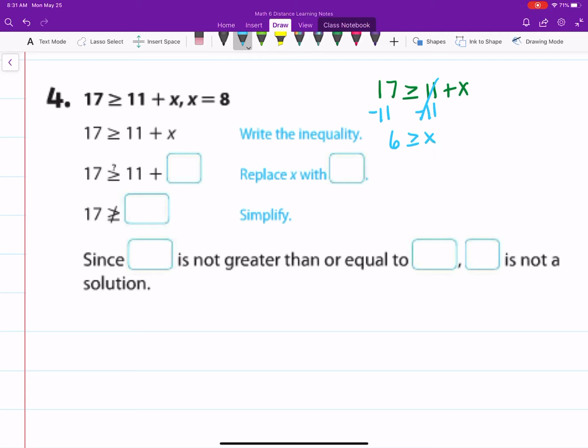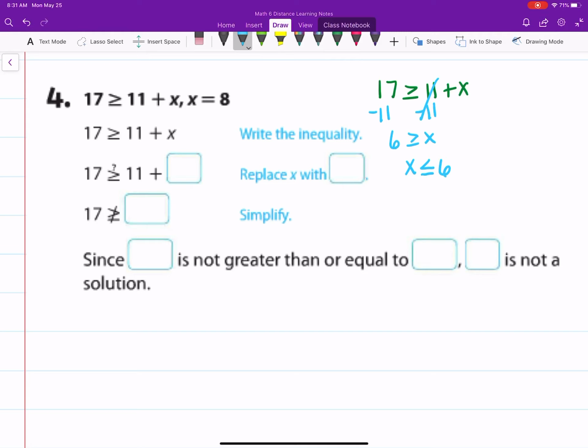Okay, well, look at what this is saying. Remember, the inequality is facing the bigger number, so it's eating the bigger number, and so it's eating 6. That means that x has to be less than or equal to 6. I just flipped it around because I like to see it the other direction. You can read it either way.